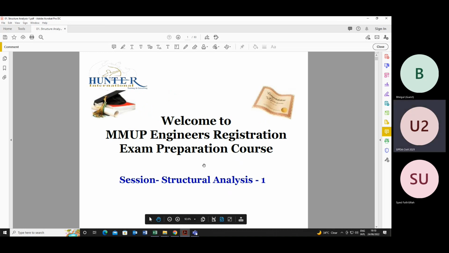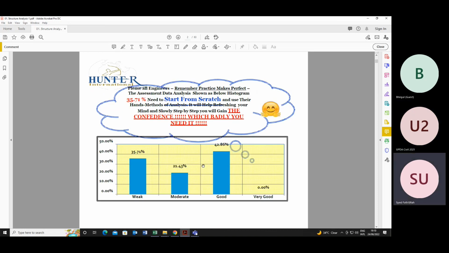So we will study structural analysis. Let's start. First of all, what is structural analysis? It is the most important part of engineering, especially civil engineering, as it provides all the basic information about the various components like forces and movements which are acting on the members, and what the maximum and minimum points are, which helps in designing the structure.